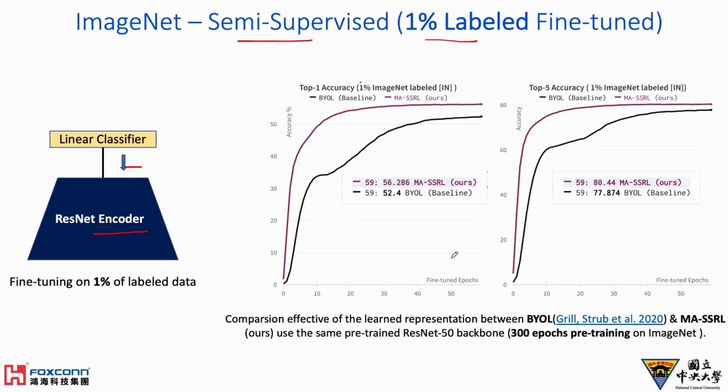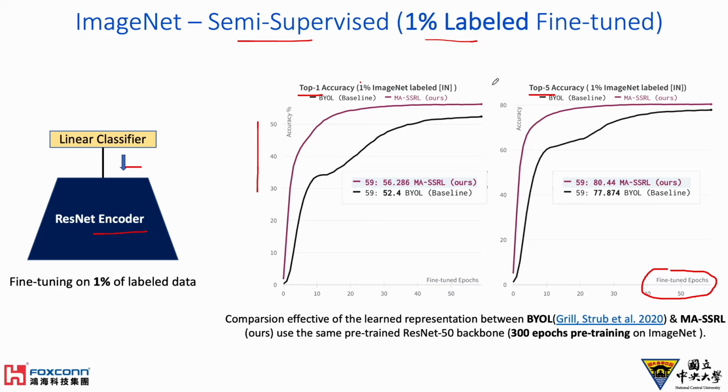We show the results in the two right figures, top-1 and top-5 accuracy, where the x-axis is the number of fine-tuning epochs on the labeled data and the y-axis is the accuracy.